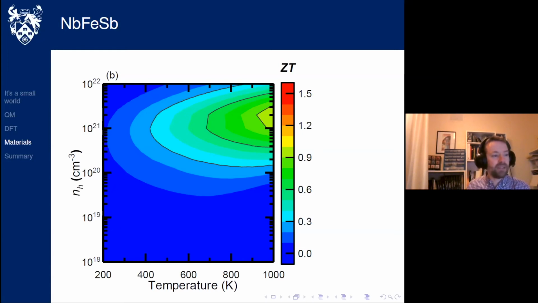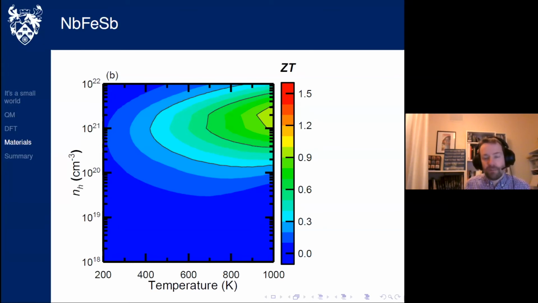And you can see here that at high temperatures, about 1000 Kelvin, and the higher doping concentrations, we're getting a ZT of about 1. So this material should be about twice as good as standard good thermoelectric materials.